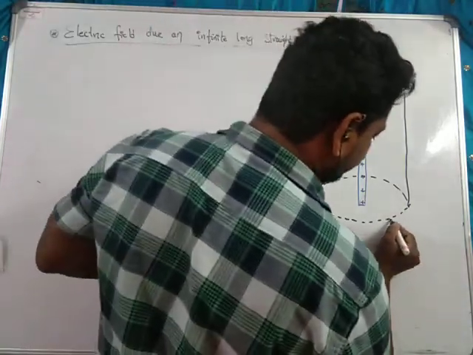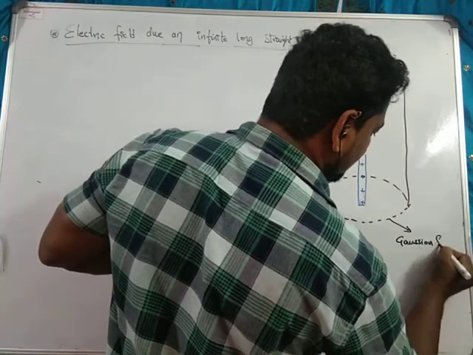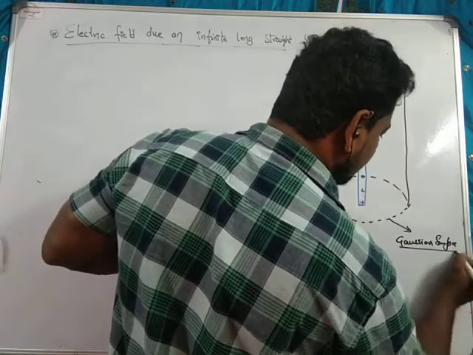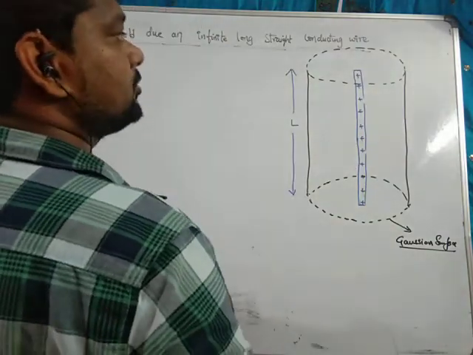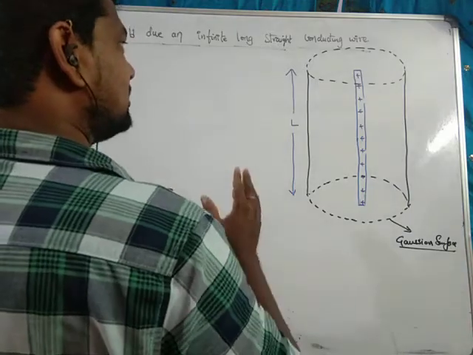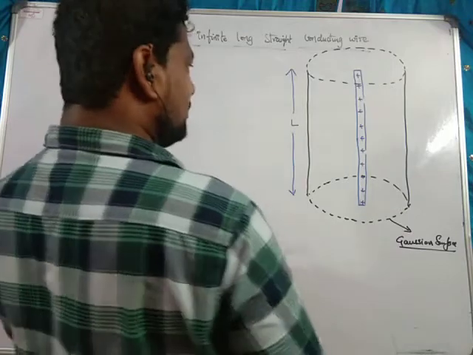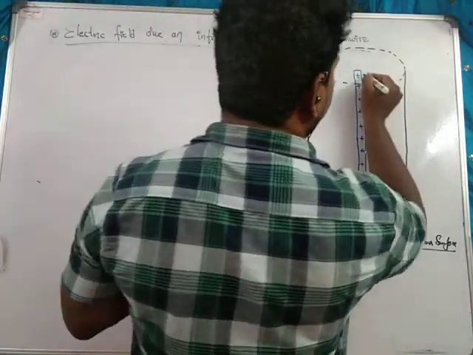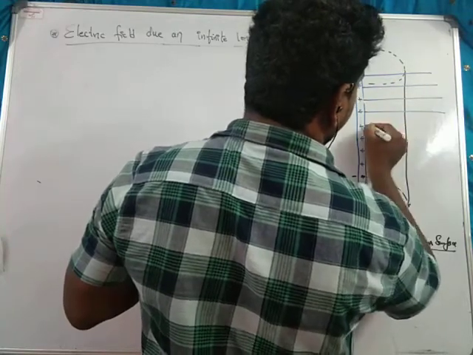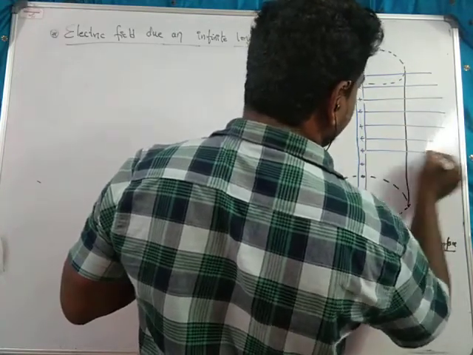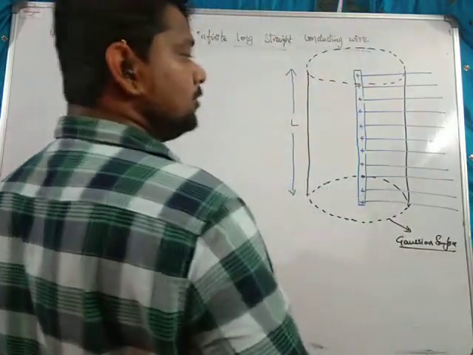Suppose we have a positive charge, which means the field lines move in a straight line, and here we consider it uniform. So uniform means the field lines will be in this direction. This will be the direction of field lines.